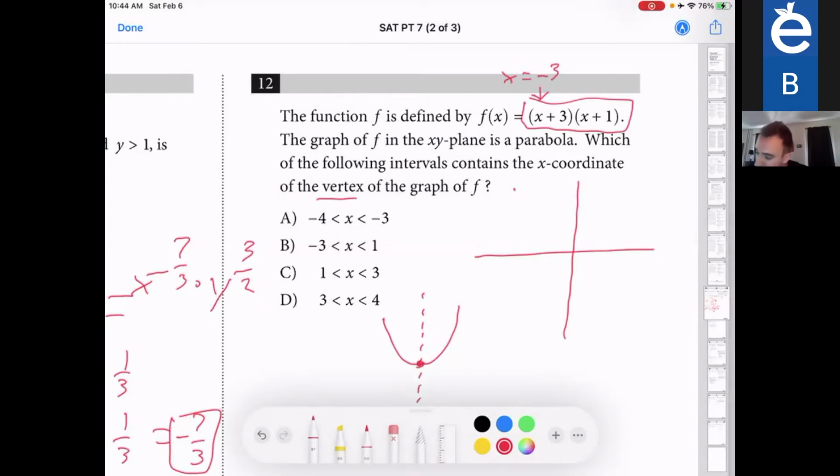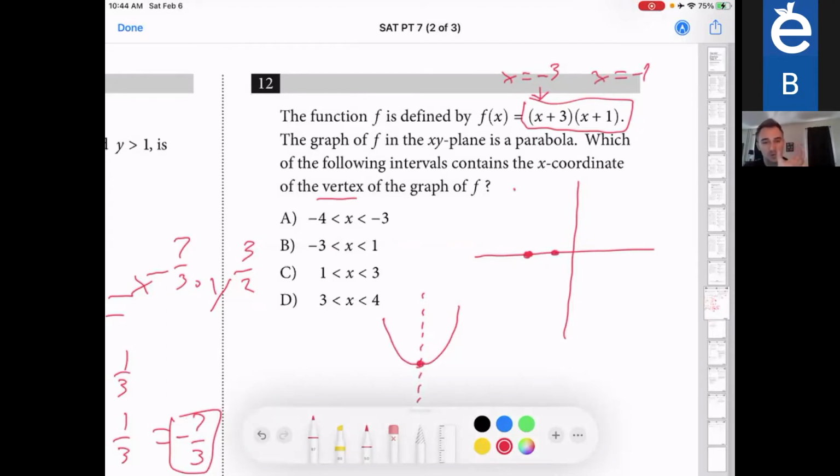So that means if I plug in a -3, my y term must be 0. So that must be one point on my parabola, on my graph here. And then with this x plus 1, if I plug in a -1, once again, my y value will be 0. So about here.